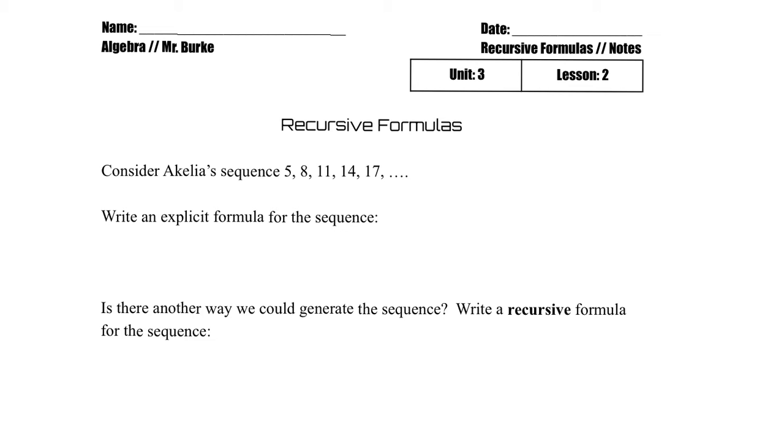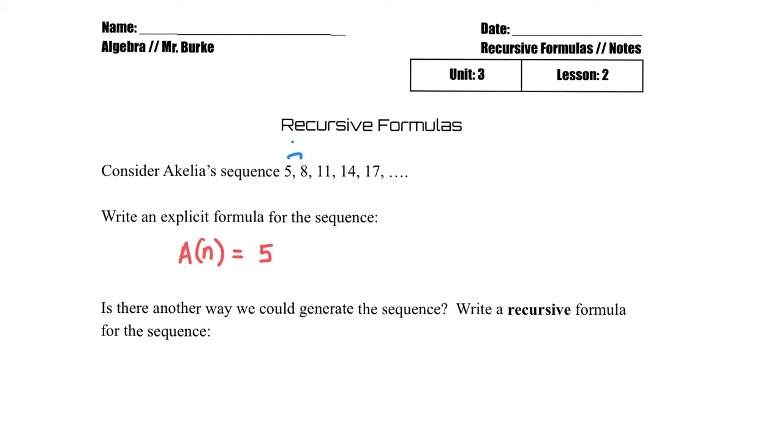So we're going to go ahead and name this sequence like we did yesterday. I'm going to call it A of n, or the sequence is called A. And what do I notice? I notice that I have to start with my first term. My first term in this case is 5, and now I need to examine what's happening in this sequence.